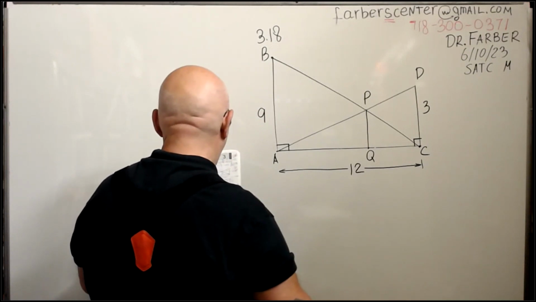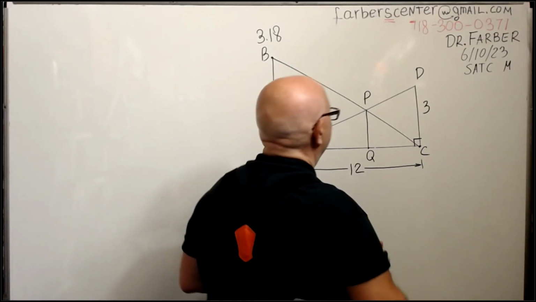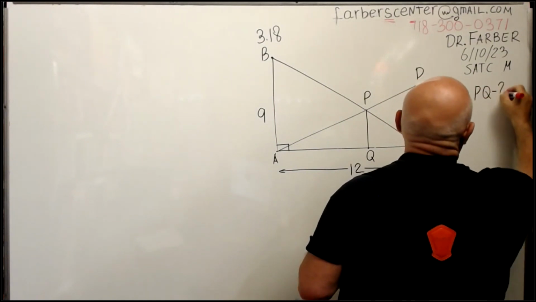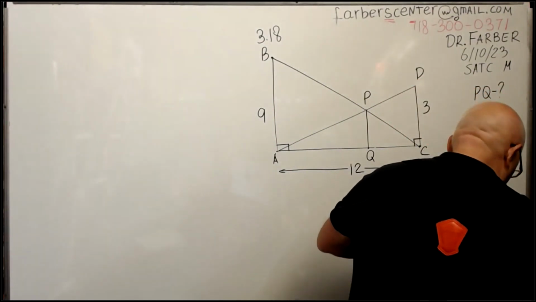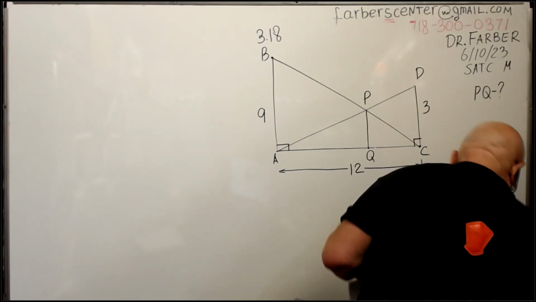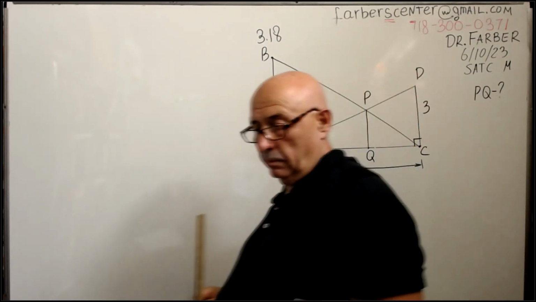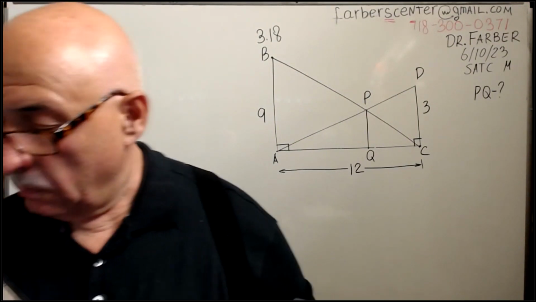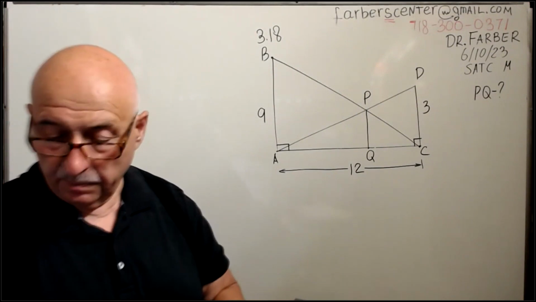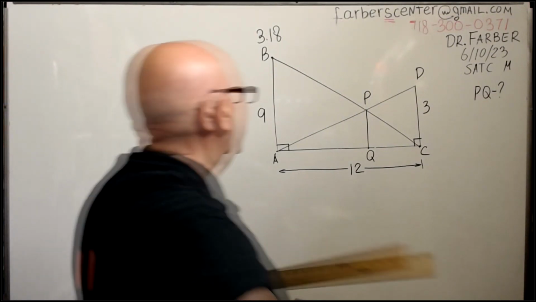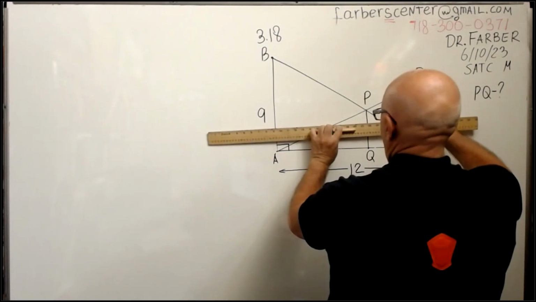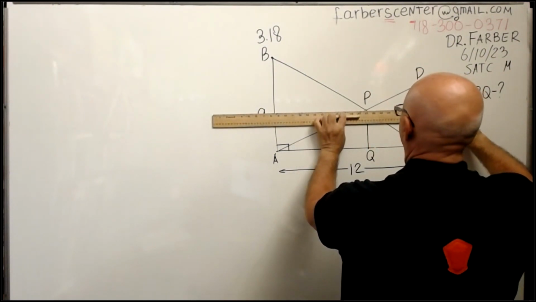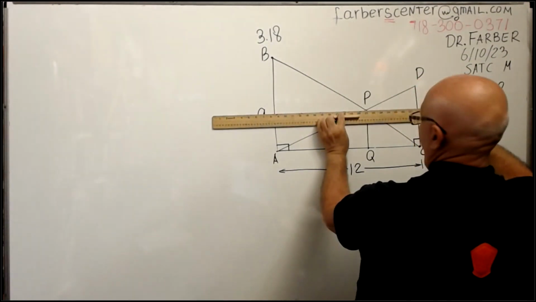What's the length of PQ? Let me take a ruler and make one more helpful line. For instance, I want to make a line which is parallel to this AC and goes through the point P, kind of like this.